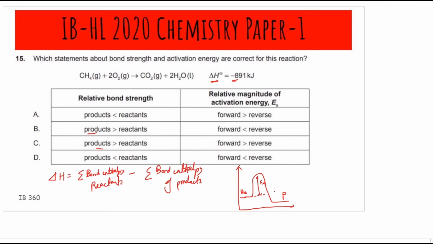But for the reverse reaction, your activation energy would be Ea plus the delta H of this reaction. So the forward reaction is Ea, the backward reaction is Ea plus delta H. Obviously the magnitude of activation energy of the reverse reaction is greater than that of the forward reaction. So from this information, we can say that option B is the correct answer.